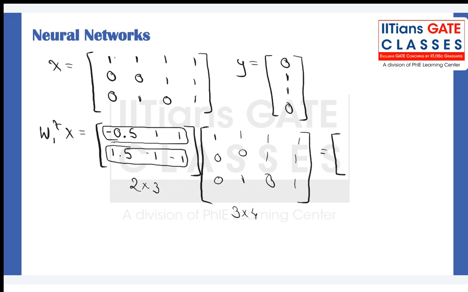First you compute the dot product of the vector -0.5, 1, 1 with 1 0 0, then with 1 0 1, 1 1 0, 1 1 1, and you get something like this: -0.5, 0.5, 0.5, 1.5. And the next row will be 1.5, 0.5, 0.5, -0.5. So this is my W1 transpose X.